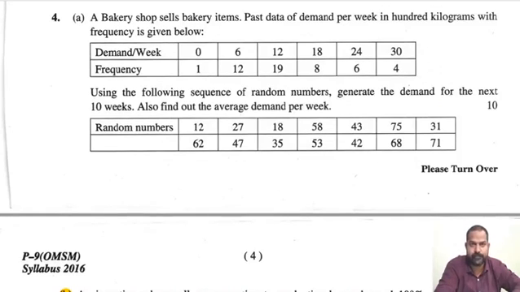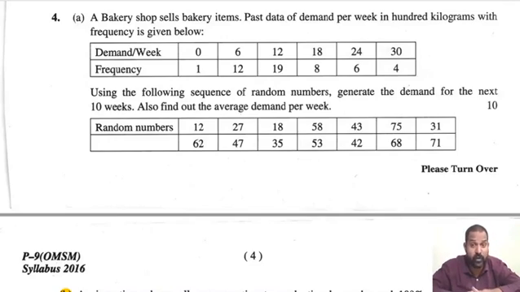Fantastic. Right here. A bakery shop sells bakery items. Thank you for telling me that a bakery shop sells bakery items. Anyway, continue. A bakery shop sells bakery items. Past data of demand per week in 100 kilograms with frequency is given below.